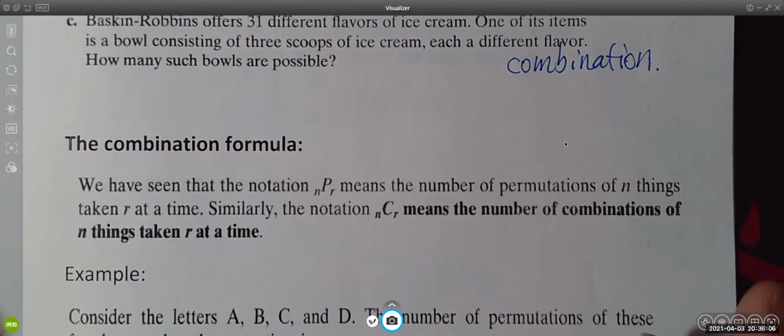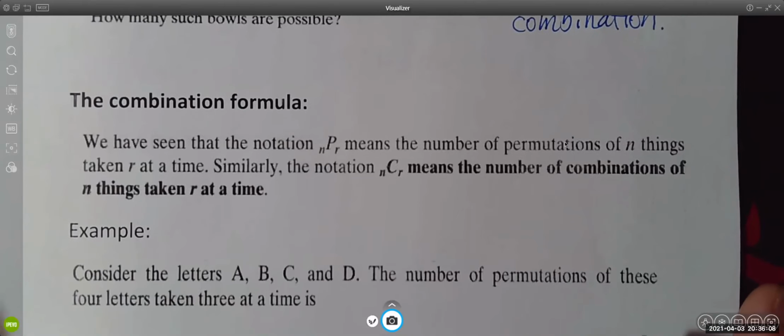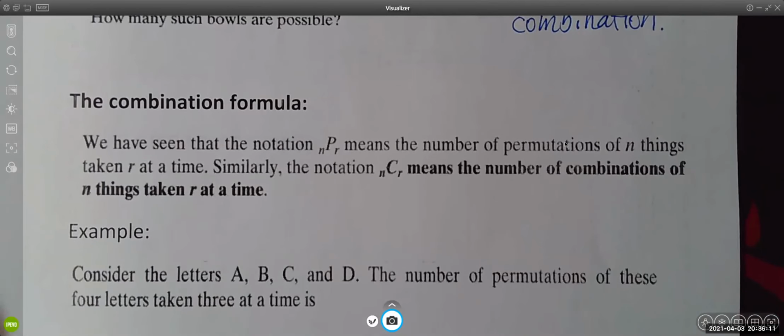Now, let's look at this statement. We have seen that the notation nPr means the number of permutations where you select r items out of n items. That will give you how many different ways to select r items out of n items, where order makes a difference.